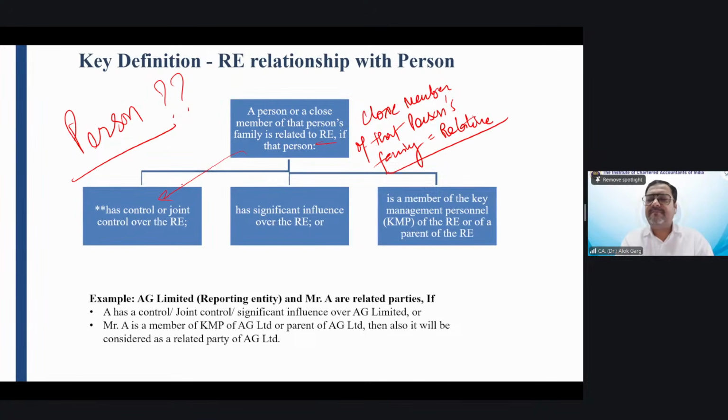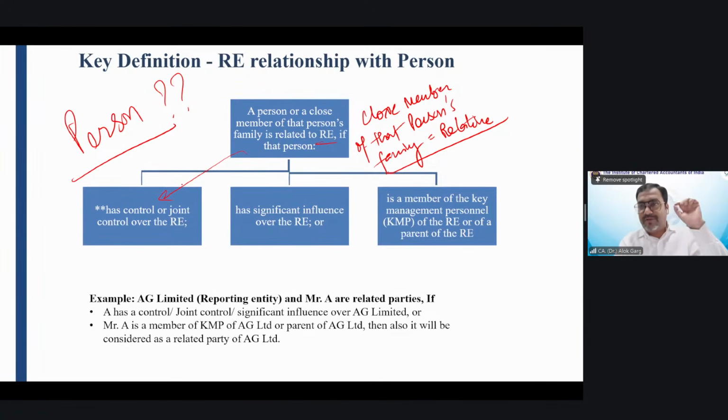Answer is yes. And whether the relative of Saminathan will also be a related party to ABC Limited? Yes. His parents, his spouse, his children, his siblings, brother, sister. So his relatives will also become related parties to ABC Limited.